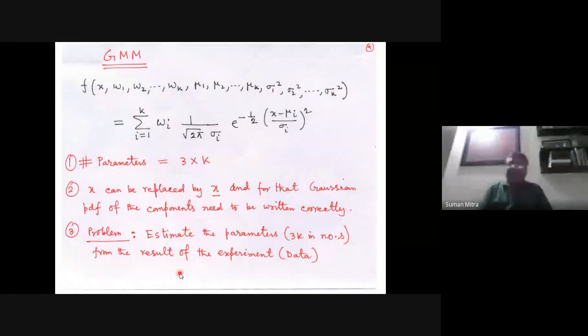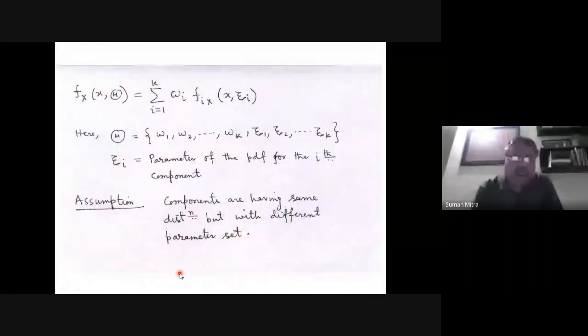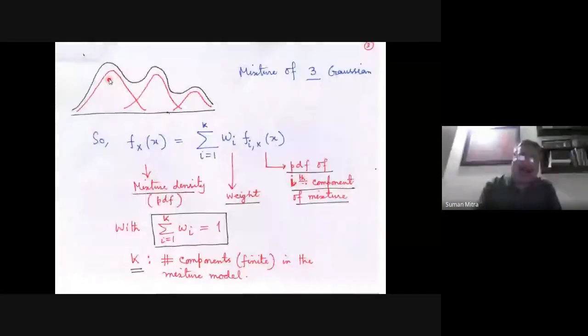So again I go back to this black curve. This black curve is my data. Given this data, can I estimate the parameters of this Gaussian, the parameters of this Gaussian, the parameters of this Gaussian, and w1, w2, w3, the weights corresponding to each Gaussian? Can I do that? That is the main task.